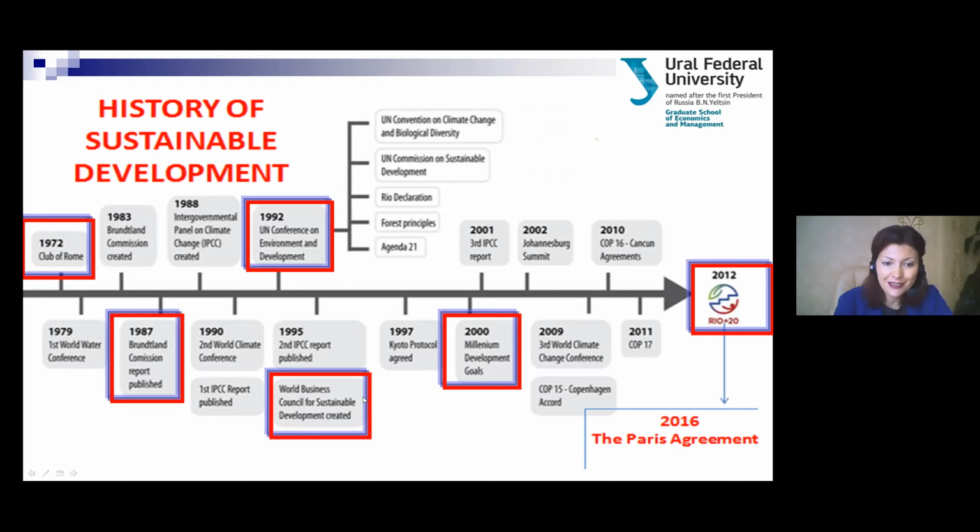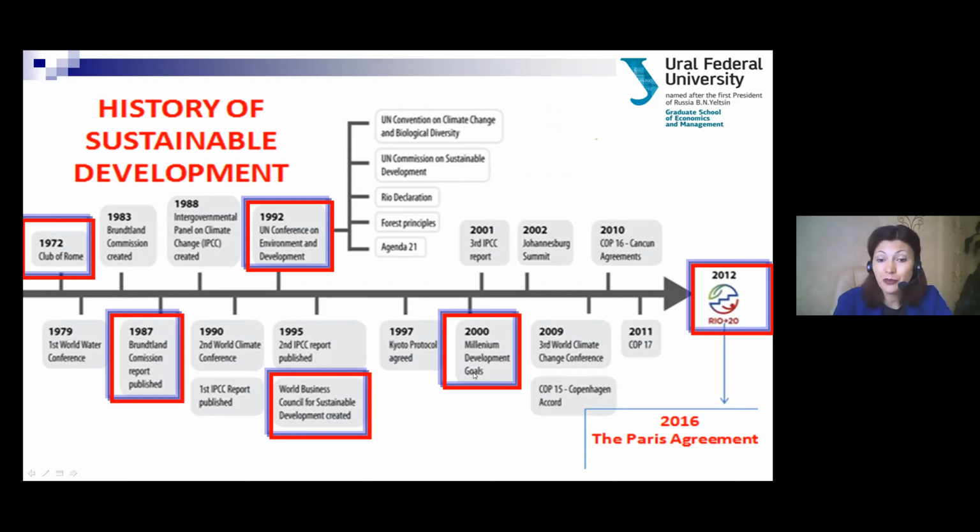Three years later, there was a non-governmental organization, which is the leading one right now, the World Business Council for Sustainable Development. The organization started working with businesses, organizations, and governments to see how we can measure and change the world. The important milestone is the Millennium Development Goals.